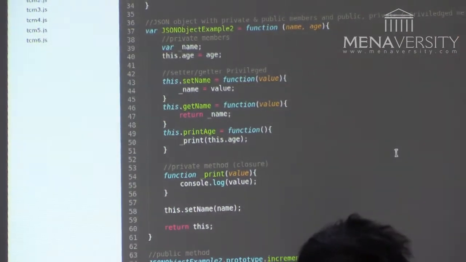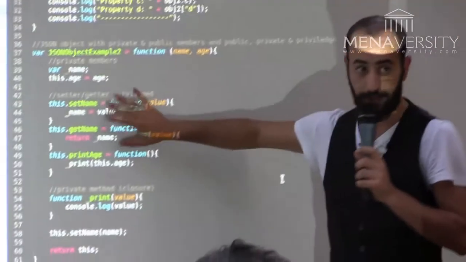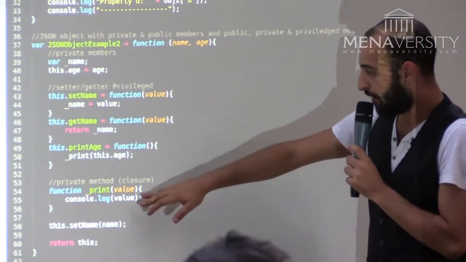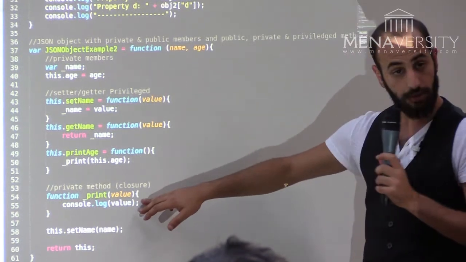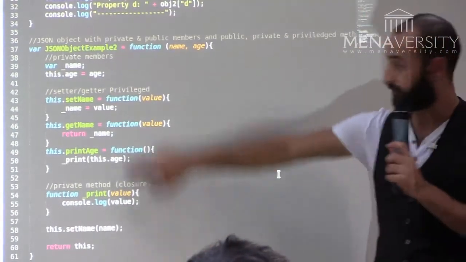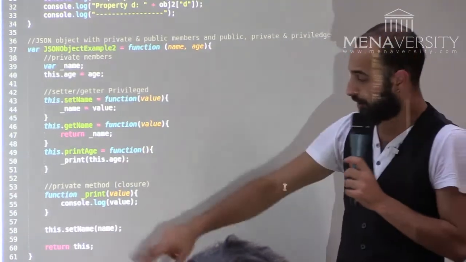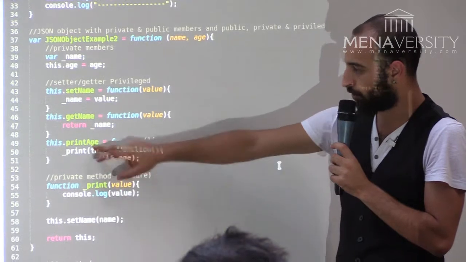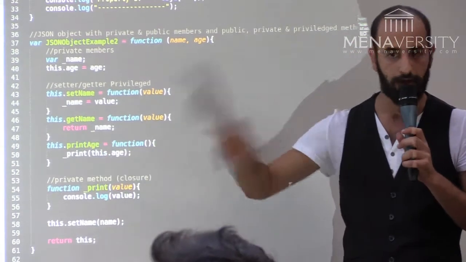They're just not public for every object that's copied from that object, and we'll see the difference later on. And we have a private method, which cannot be called from outside the scope of this function. The same goes for the private member. This private function can only be called inside, and we're using that private function in one of our privileged or public functions, right?